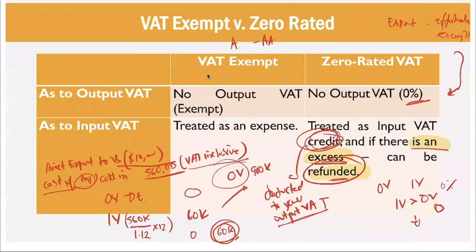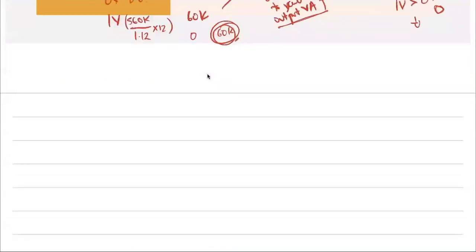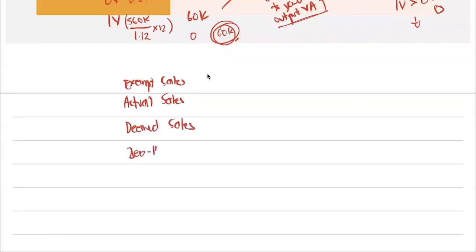Okay? So let's look into your different transactions which gives rise to your sale. So we have your exempt sales, we have your actual sales, deemed sales, and we have your zero rated sales.